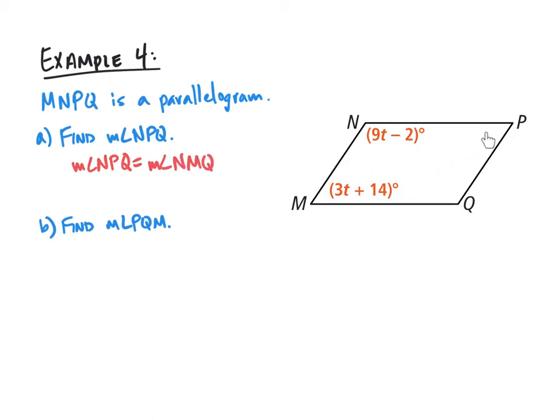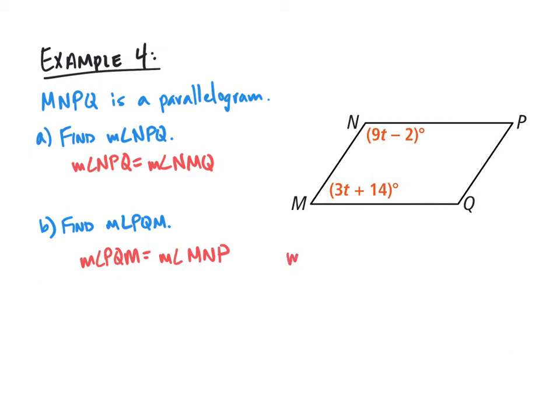So this angle and this angle would have the same measure because they're opposite angles in my parallelogram. And likewise, the measure of angle PQM would be equal to the measure of angle MNP. So if we can find the measure of each of these angles, then we'll have our answers to these questions. And we'll notice that those two angles are consecutive angles.